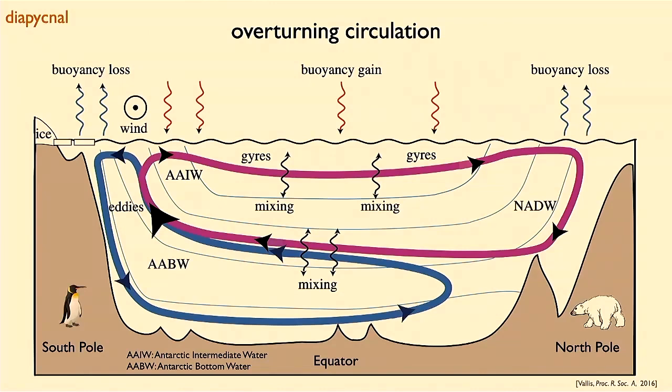So if we take a section of the ocean, this is a section in the Atlantic, and forget the big arrows for now, but these thin lines are lines of constant density, of constant potential density. And you see they are slanted. They are very sloped here and here in the north, in the Arctic regions.